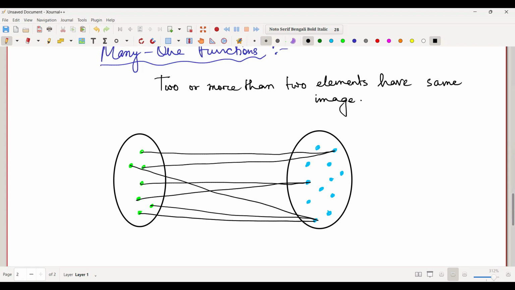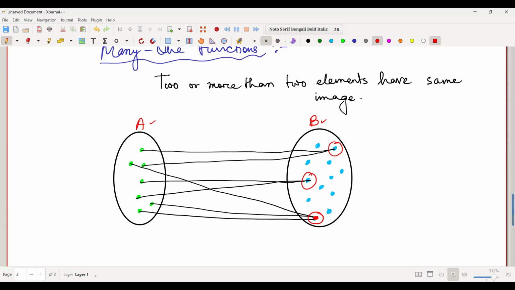See that this element here has three pre-images. This is set B and this is set A, this is the domain and B is the codomain. For the elements of B, we usually say that the elements of B have a pre-image in set A. So it has three pre-images, it has two pre-images, and it also has two pre-images.